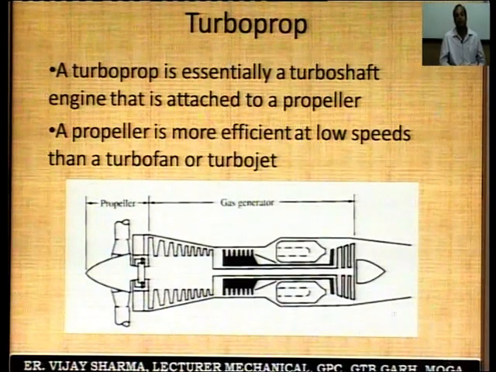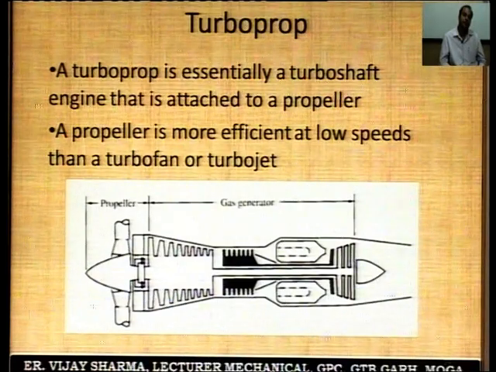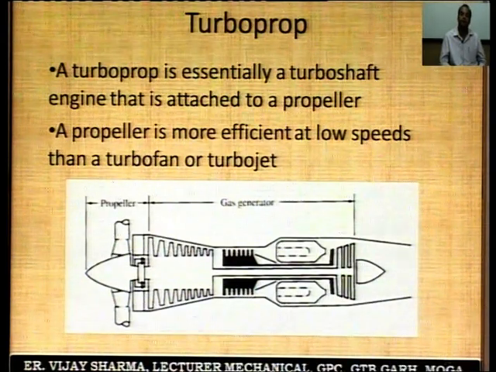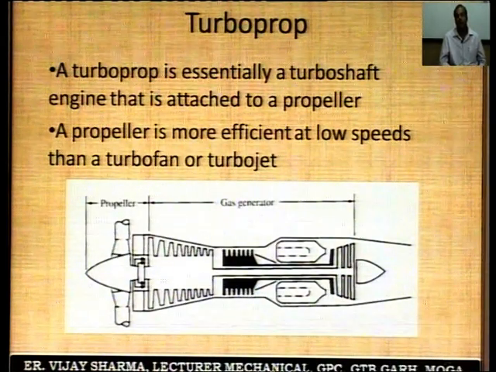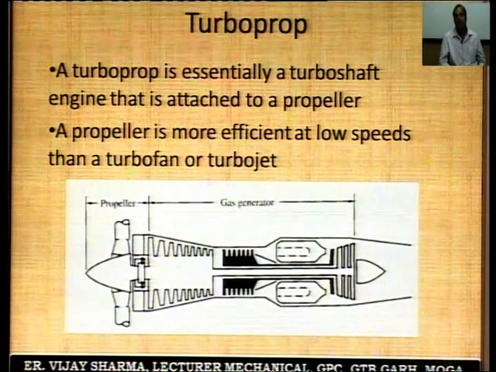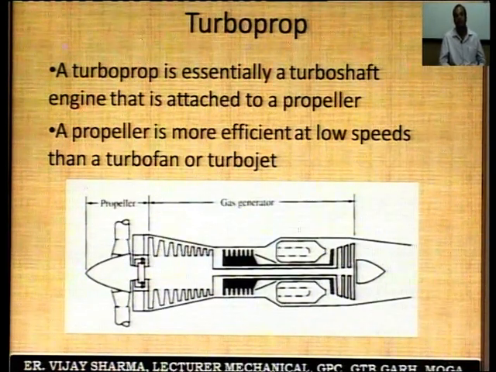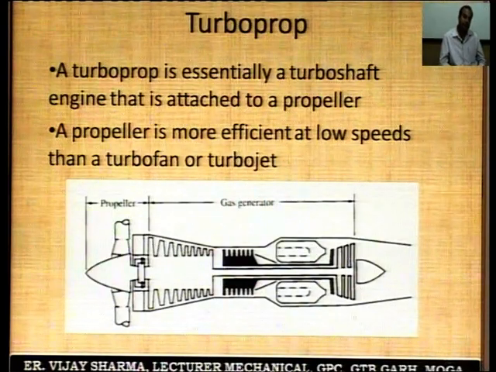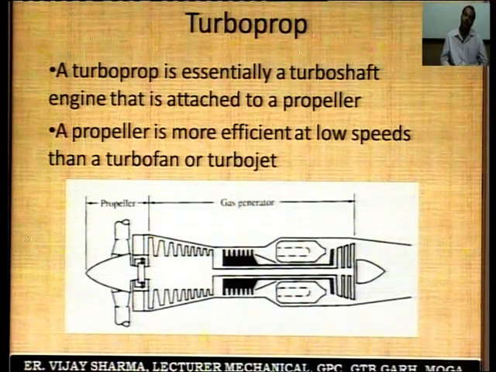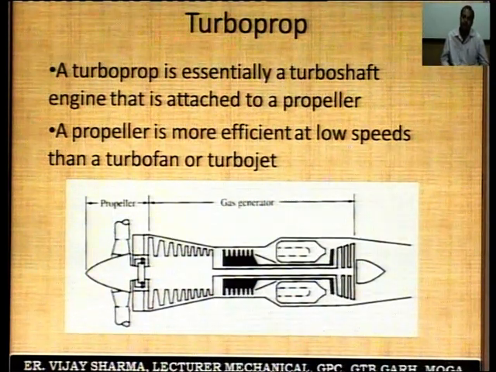The turbo propeller is essentially a turboshaft engine that is attached to the propeller, and a propeller is more efficient at low speeds than a turbofan or a turbojet. This is the main advantage of the turbo propeller.